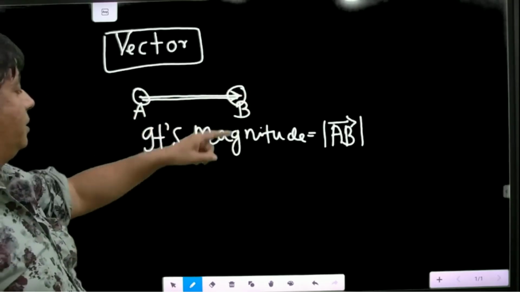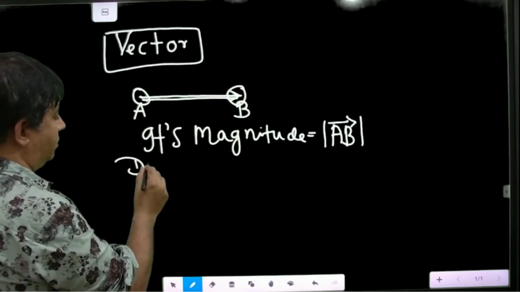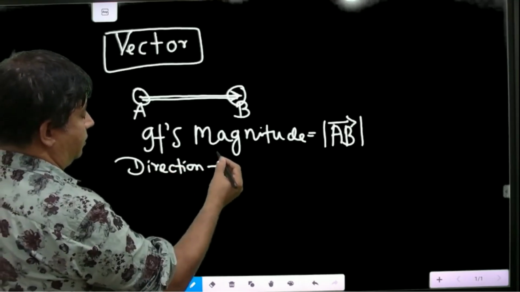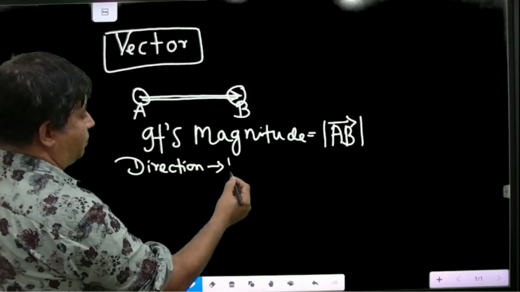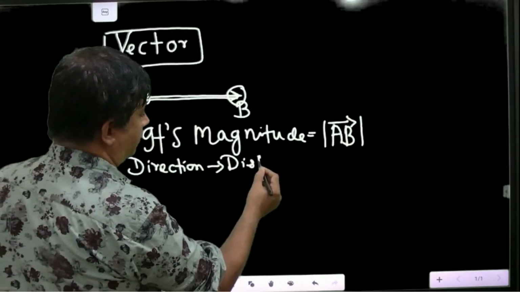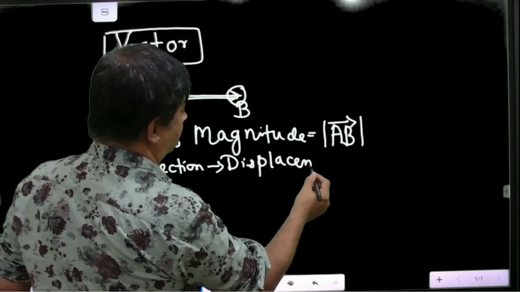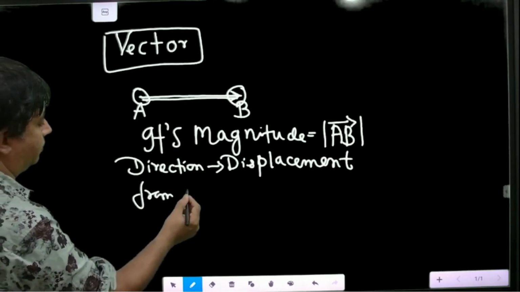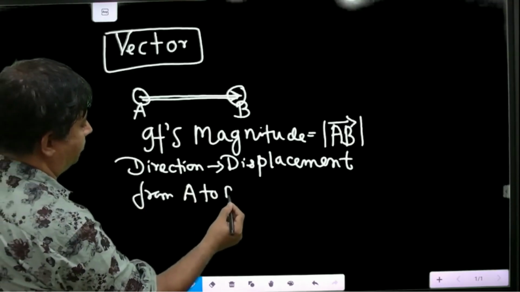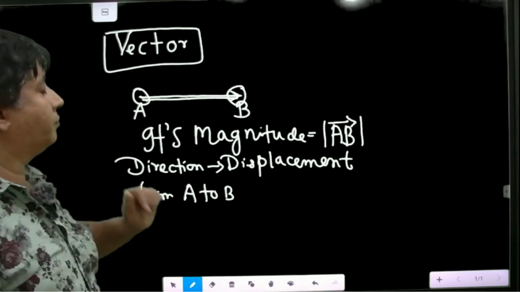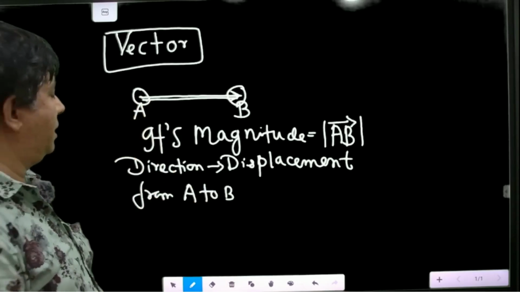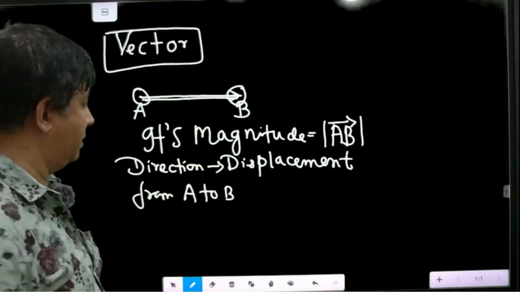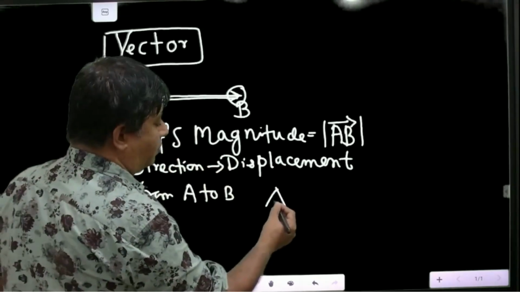So, this is the direction, the displacement from A to B. Now, this magnitude and direction combinedly give you the definition of vector. So, AB means it moves from A to B.